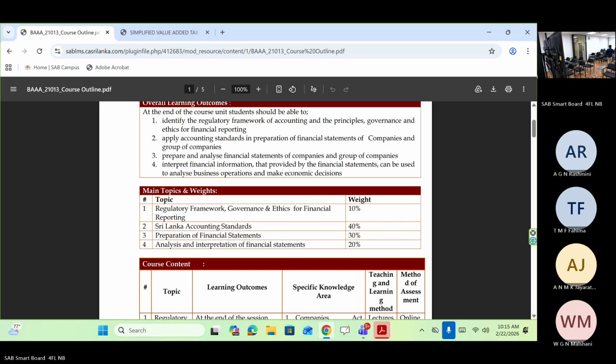Why? Because the standard is very clearly saying that internally generated goodwill, don't identify that as an intangible asset. Why? It can't be identified separately. If we are recognizing it, it will create many complexities.